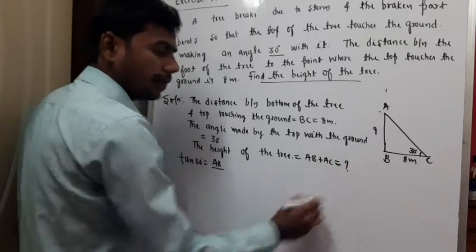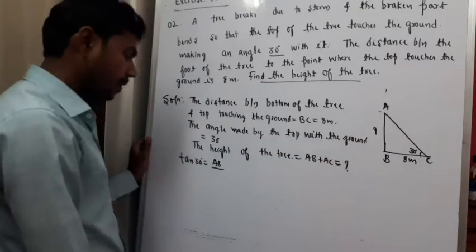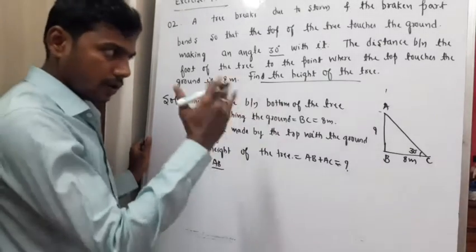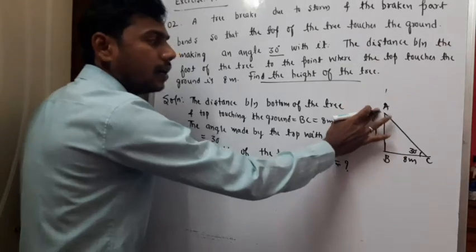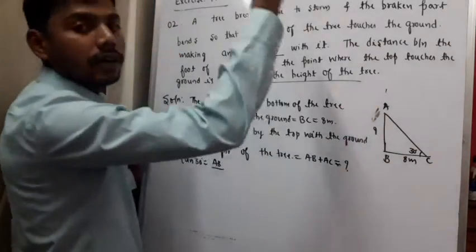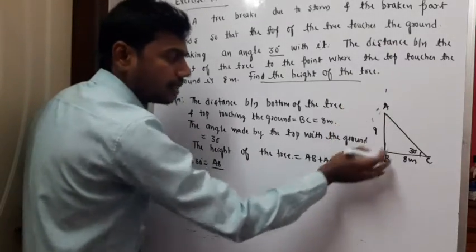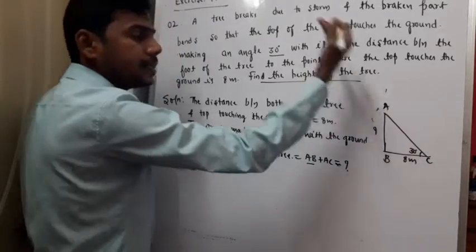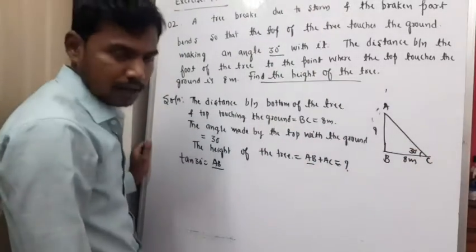First we'll find AB, that is the part which is left after the storm. If I want to find the total height, it is AB plus AC. Even before the storm, AC was a part of the tree.